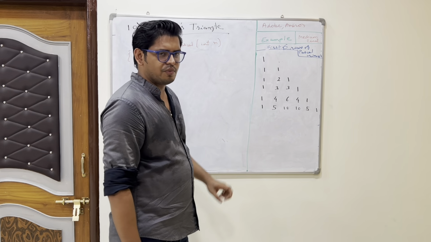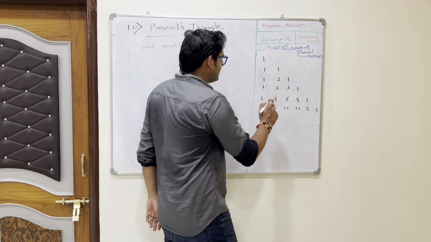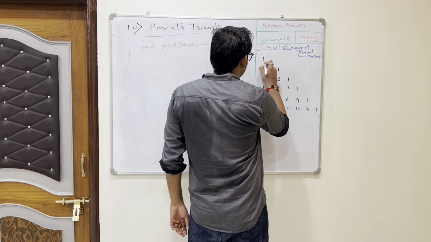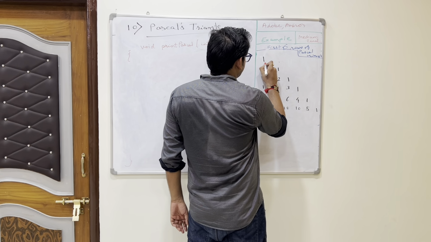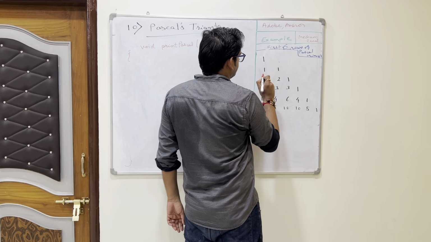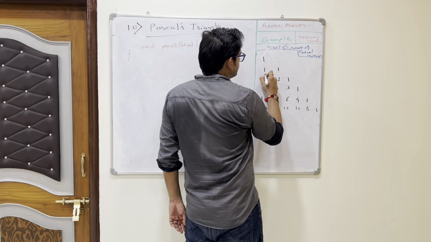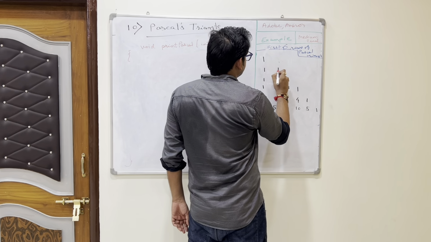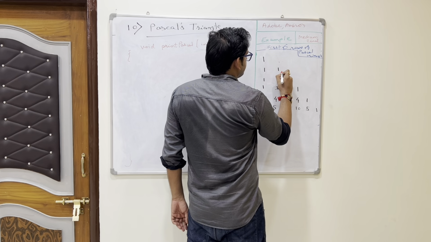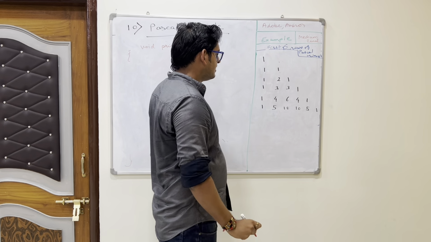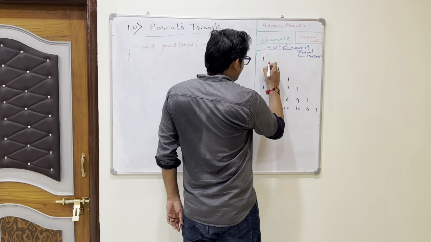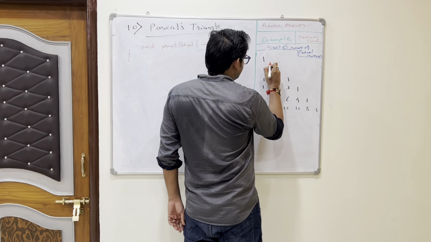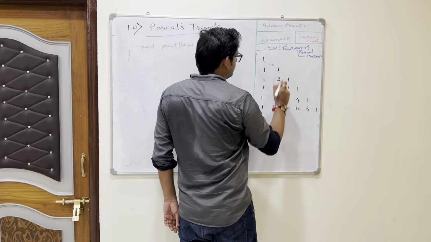We can also observe one thing. Suppose this is the first row and first column, this is the second row, first column, second row, second column, right? Isn't this 1, can't we represent it as 1C0?